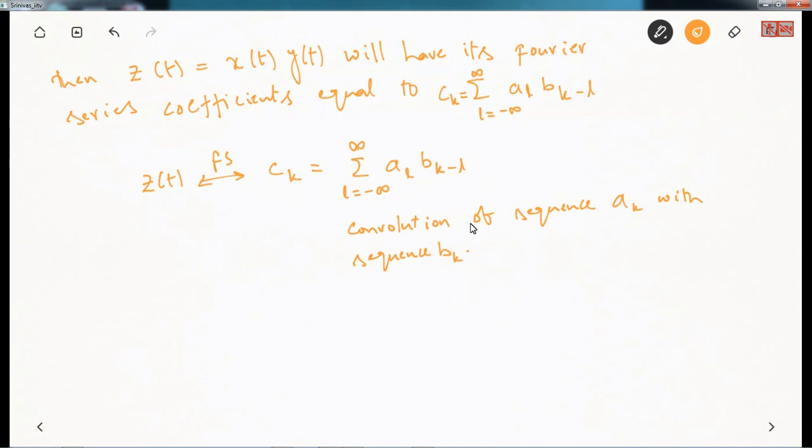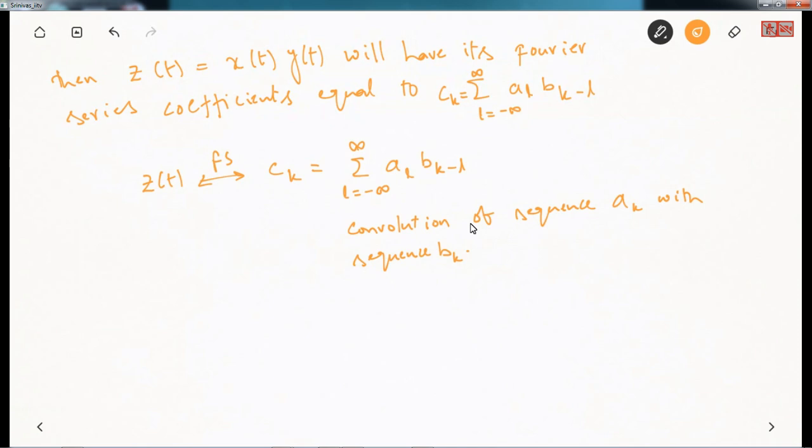If you still want to go through the derivation of this property, you will be able to find it in any of the standard textbooks, not in Oppenheim-Willsky, but you must be able to find it in Lathi or Simon Haykin.